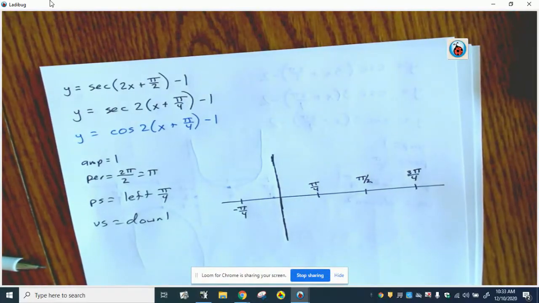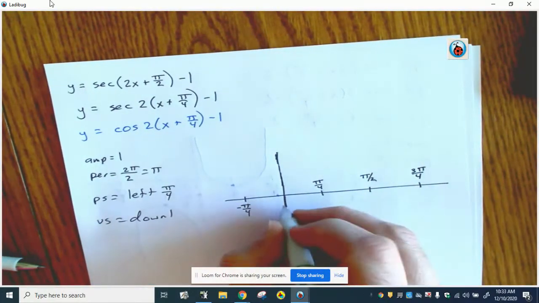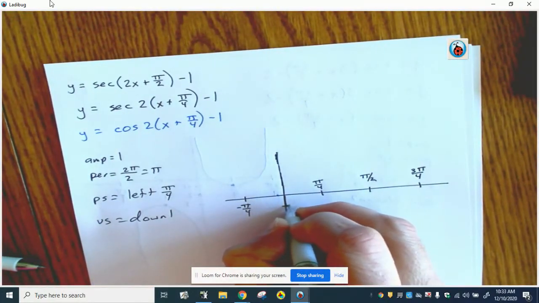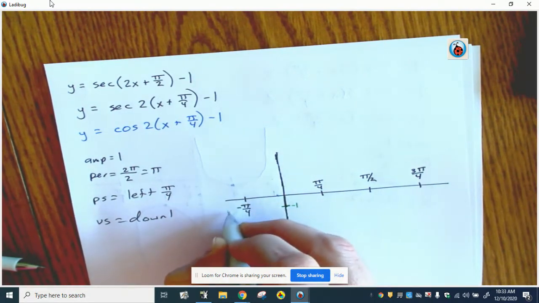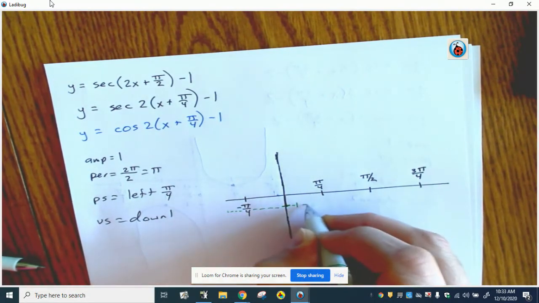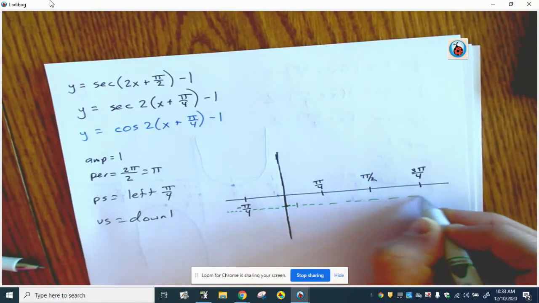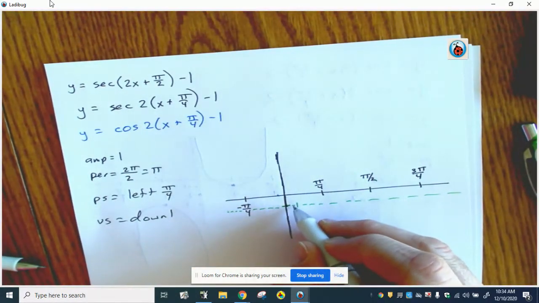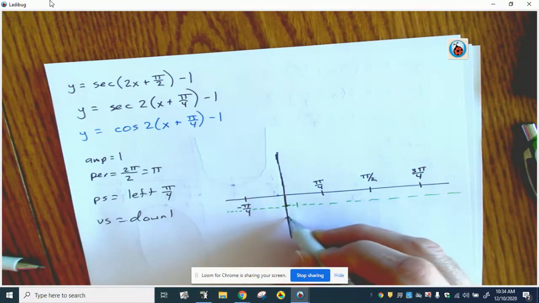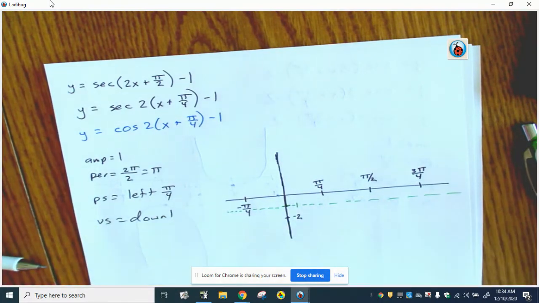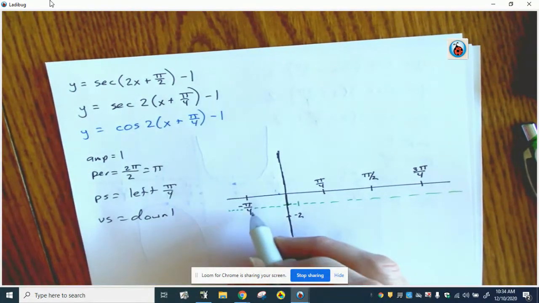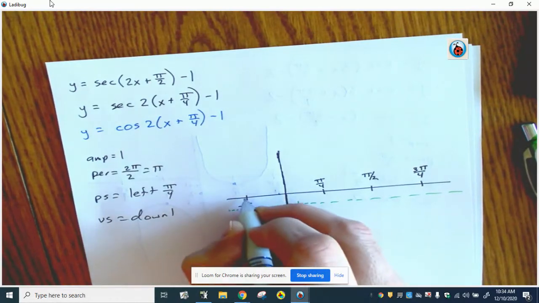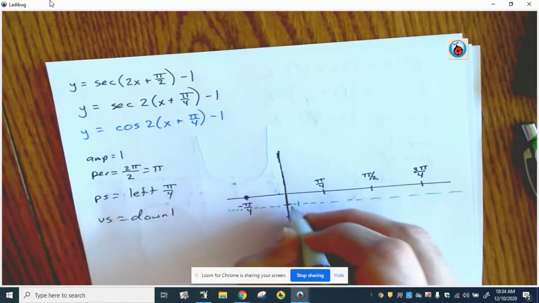And then I can put my midline in, which is going to be down 1. So this is where my midline is, always at my vertical shift. I got to go up and down 1 from there. So up 1 to 0, down 1 to -2. This is a cosine graph, which means I'm going to start at my peak here. I'd be midline here.